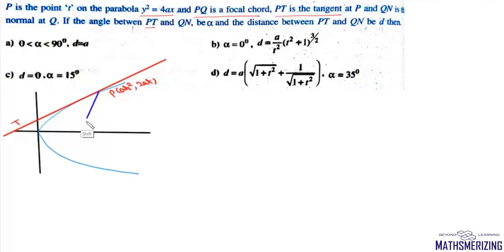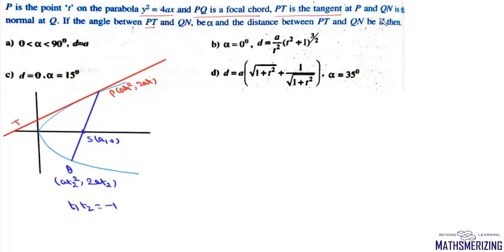So we have this PQ and it's a focal chord. So it passes through (a, 0) and Q is (at₂², 2at₂), and since PQ is a focal chord, we know that t₁ times t₂ is equal to minus 1.